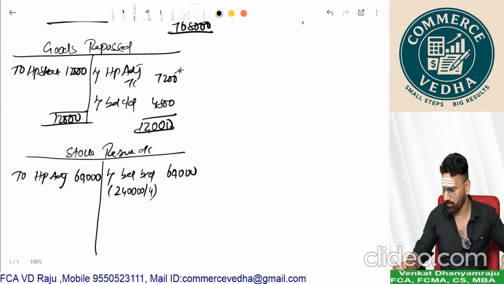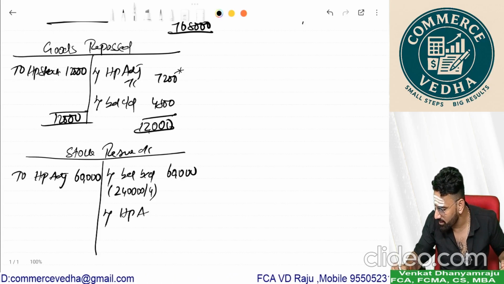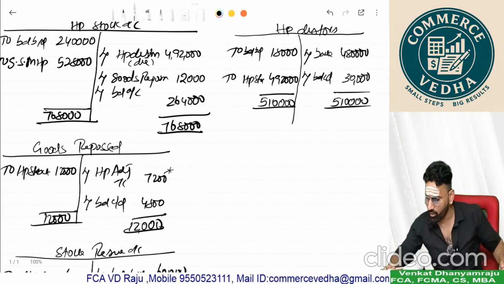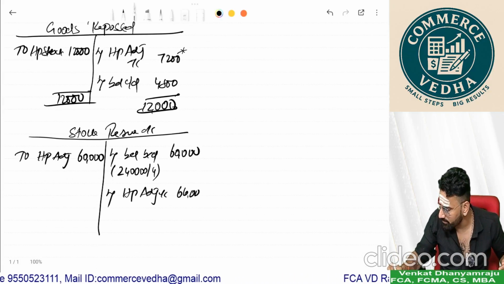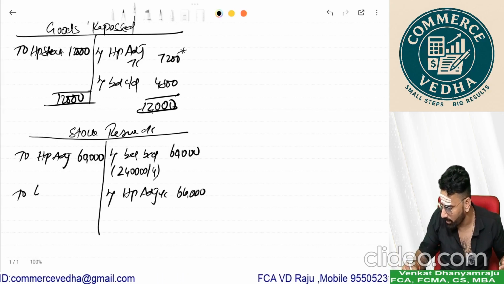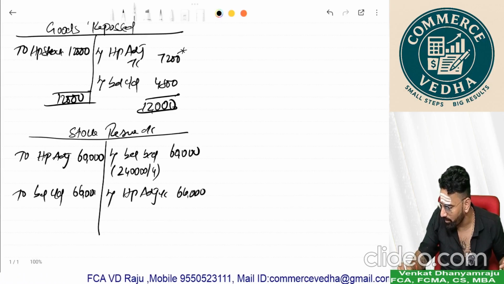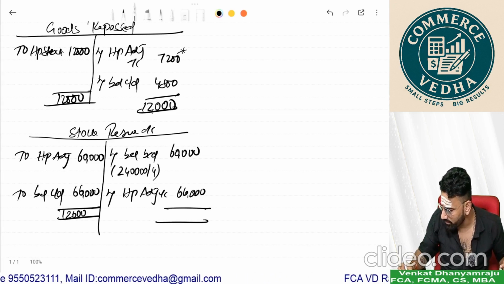And the closing stock by hire purchase adjustment account. Closing stock is 2,64,000. So that is 66,000 and should be your balance carried down, which becomes the opening balance. So this is 126.